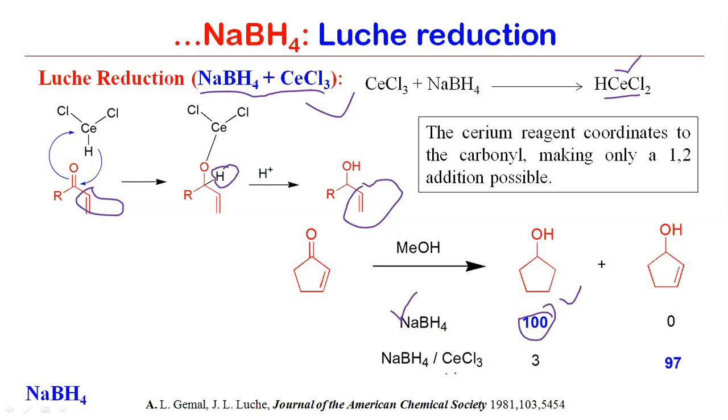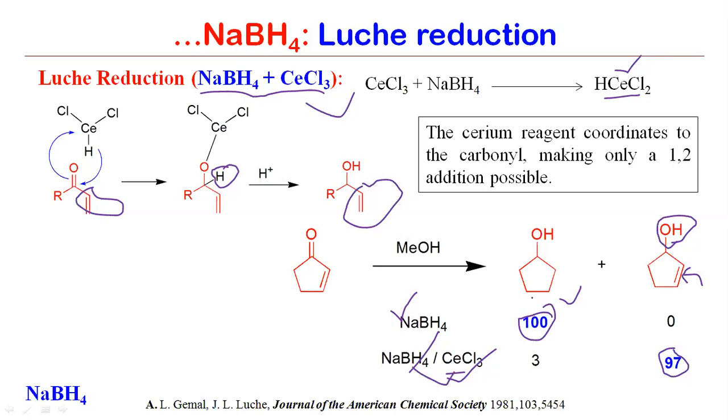But whenever we are using cerium chloride with sodium borohydride, this reaction is called Luche reduction, and in this case we are getting almost 97% yield of this compound, where reduction takes place in 1,2 fashion. This carbonyl is reduced only. This double bond is not attacked by the sodium borohydride when we are using cerium chloride with it.